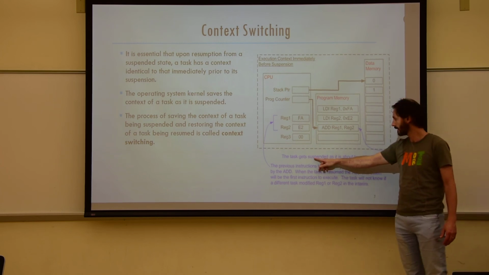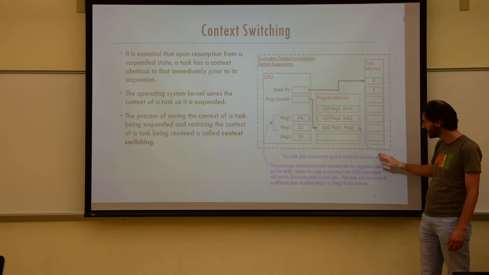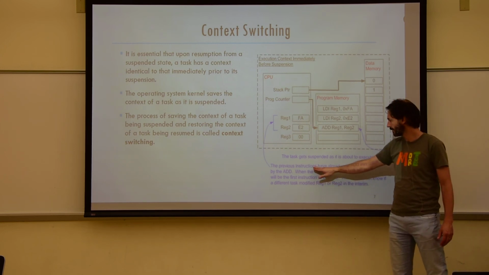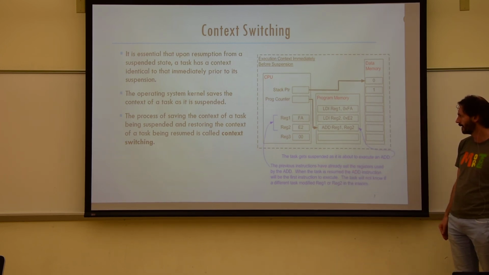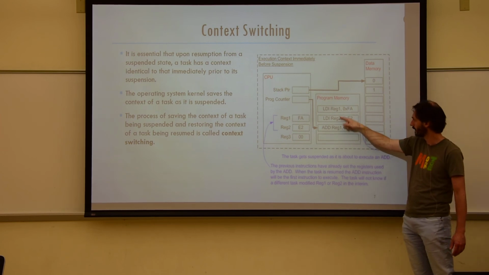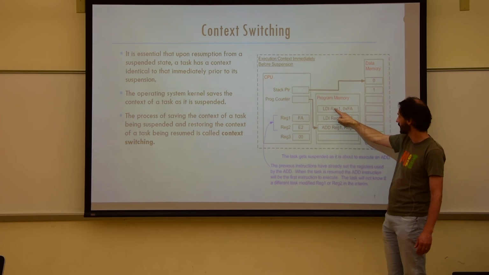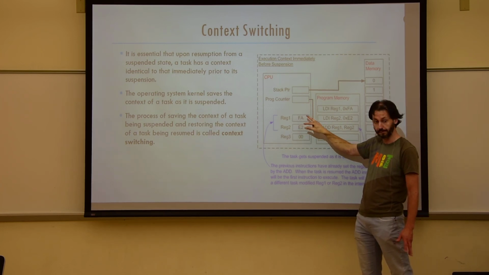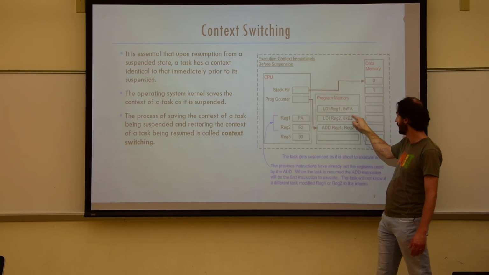Alright, so the task gets suspended, and it is about to execute this add instruction, and the previous instructions have already set the registers used. I've loaded into register 1 and register 2 specific values, here FA and E2.